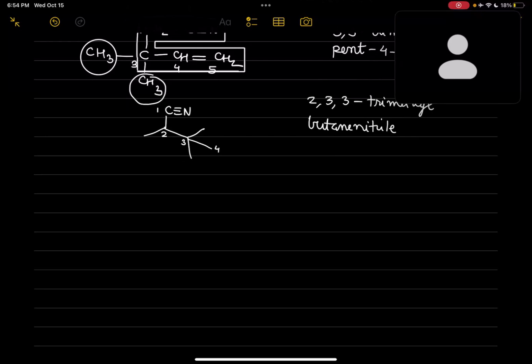Then you have ethanal, propanal. In an aldehyde, it is compulsory to have the carbonyl, C double bond O, at the end so that you can have H. If it is in the middle, it becomes a ketone because then you have carbon atoms on both sides. The suffix is al, so this is propanal, butanal.